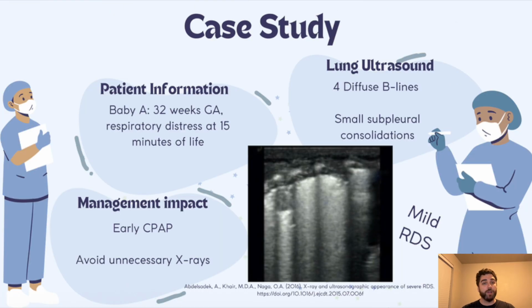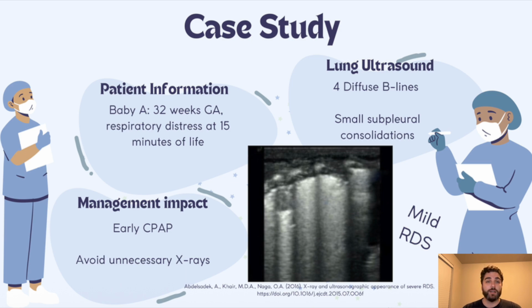So now that we have gone over that, let's apply everything that we've learned to this particular case study. A 32-week preterm infant presents with grunting and retractions at about 15 minutes of life. A lung ultrasound is performed at the bedside that shows 4 diffuse B lines and several small subpleural consolidations.